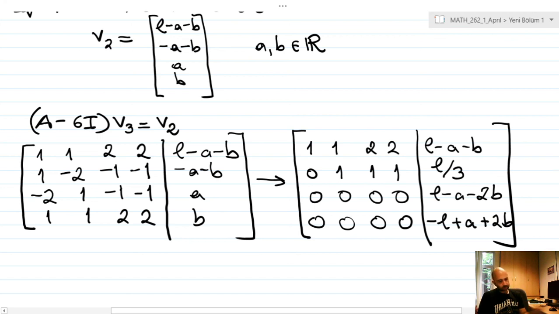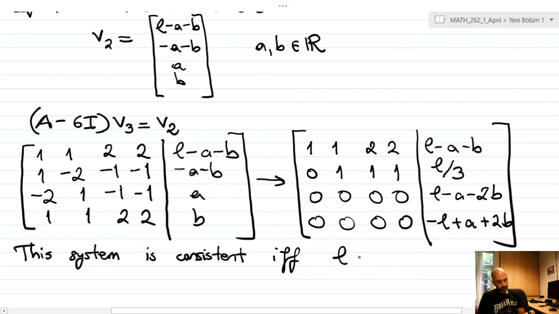Okay, this system is consistent if and only if, this is kind of visible, L equals A plus 2B.